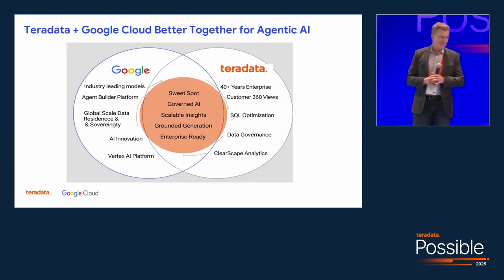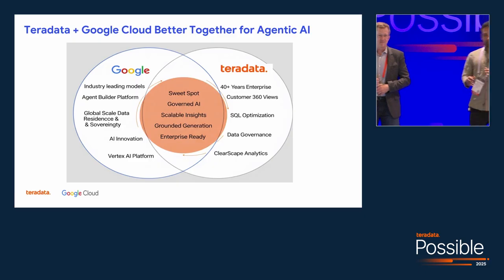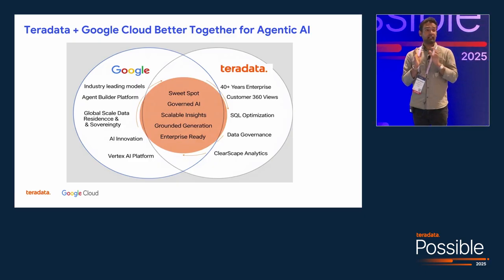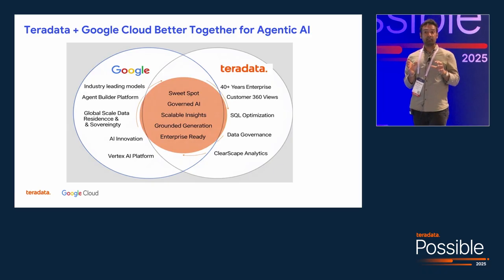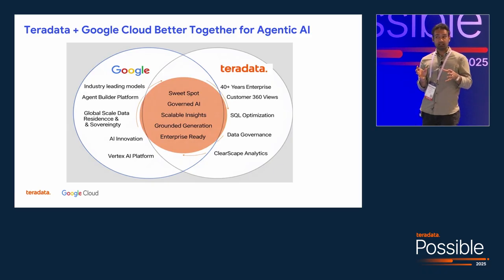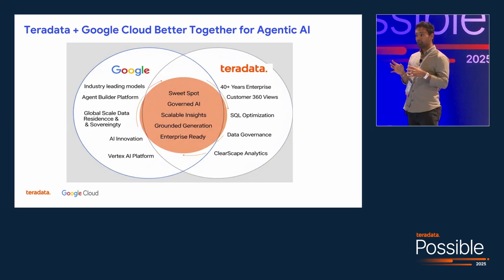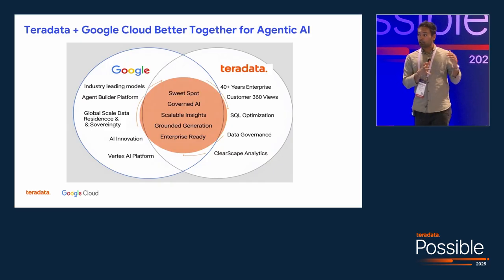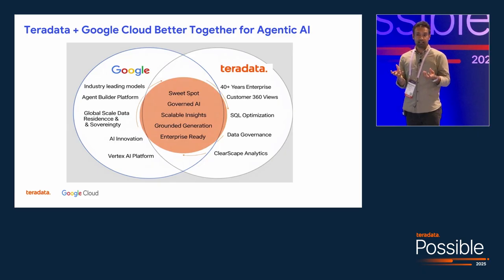Just to add to that, you can see where the sweet spot is, specifically around being enterprise ready. That's the one point that you can walk out with today. As you look at these tools, they are demos, but what we are also bringing to the table is the global scale of infrastructure, along with the data sovereignty and groundedness, and how you can generate it for your enterprise standards.